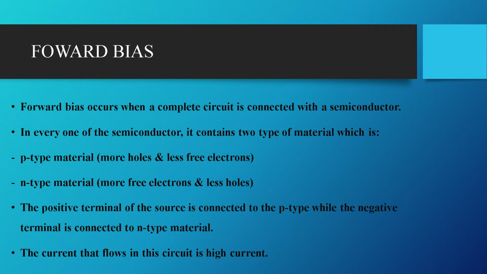Forward bias works when the positive terminal of the voltage source is connected to the p-type and the negative terminal of the voltage source is connected to the n-type material, and hence it will become a complete circuit of forward bias. The current that flows in this complete circuit will be high current.